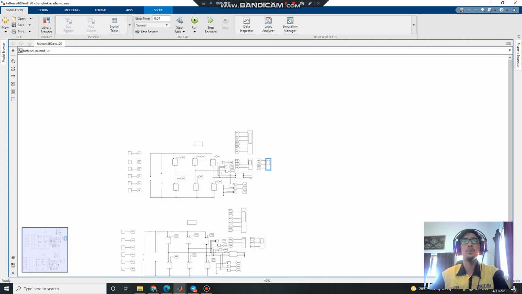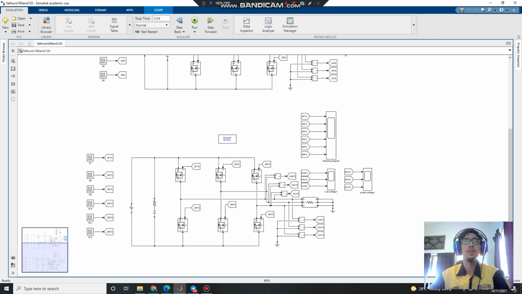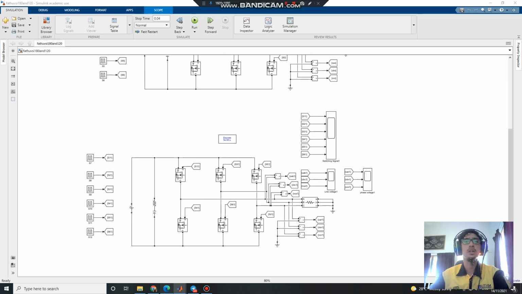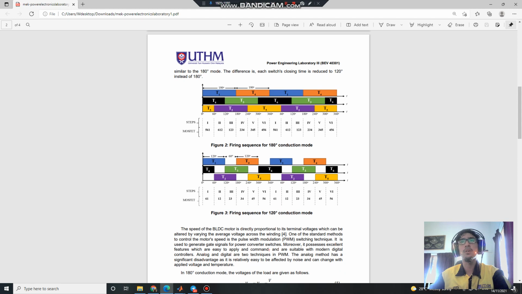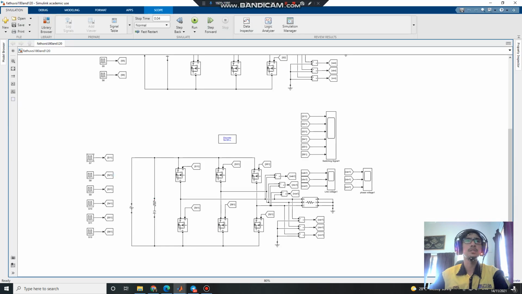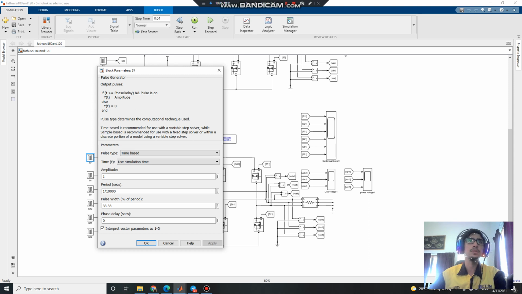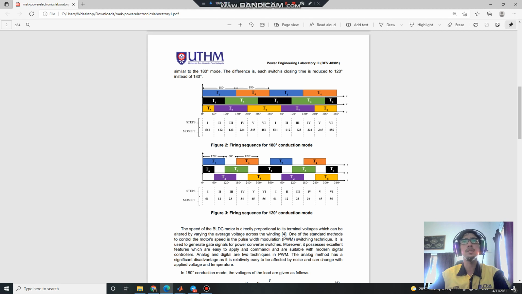Now I will show the setup for 120 degrees. I show in the figure the next firing sequence, the 120 degree conduction mode. The setting is also a step, switching from T1 until T6, from 0 degrees until 300 degrees.